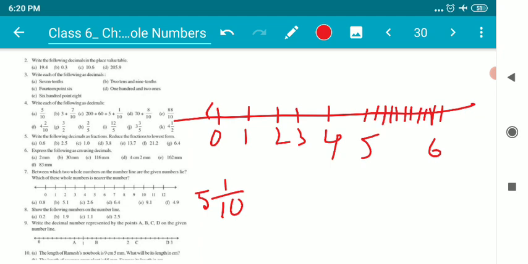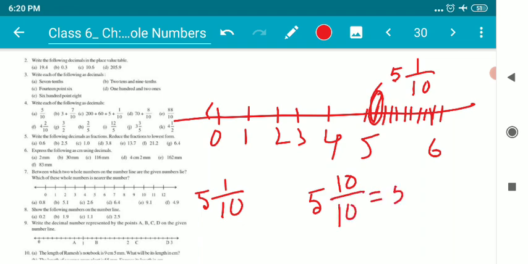Okay. So what is the first part after 5, children? The first part is only my answer. The first part is 5 1 by 10. Because the next part is 5 2 by 10, 5 3 by 10, 5 4 by 10. Like this, it's 5 10 by 10. So 5 10 by 10 means 6 only. 5 10 by 10 means it's actually 5 plus 10 by 10.